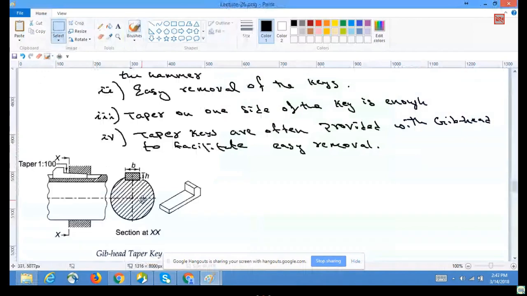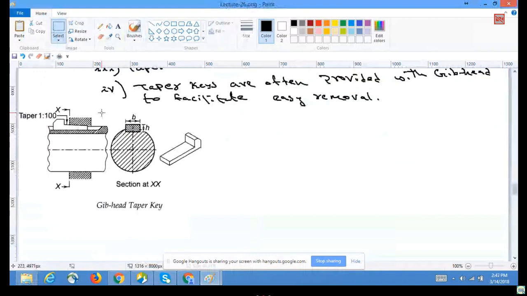You can see that the taper on the bottom side is not there, whereas on the top side the taper of 1:100 is provided for this key. Secondly, this is called your gib head, so that this gib head can be gripped for easier removal of the key from the keyway.